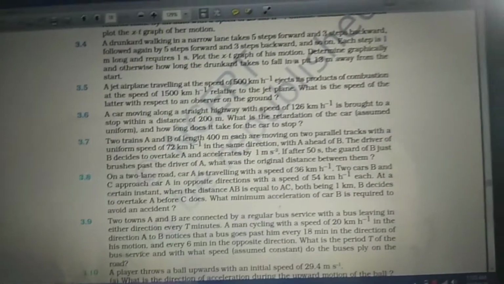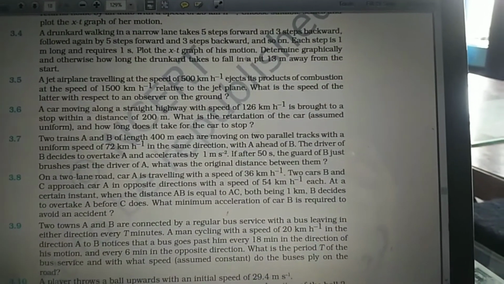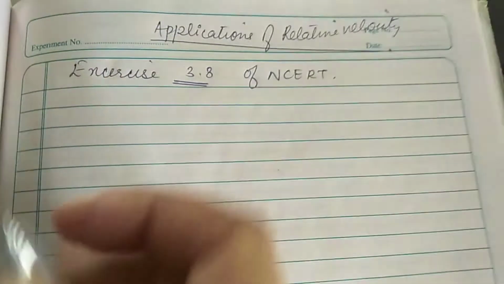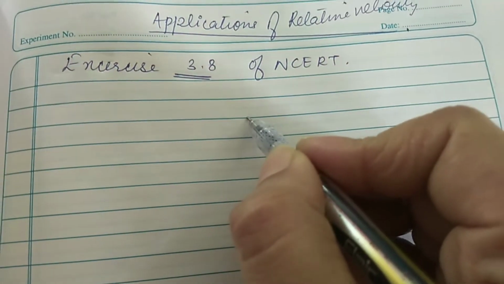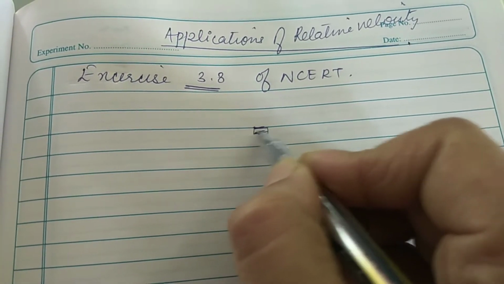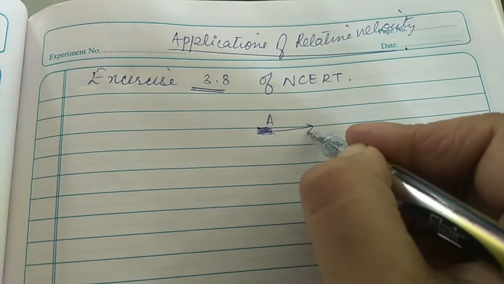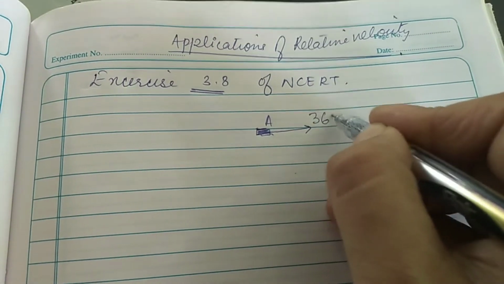So now let us draw the situation first, and then we'll try to solve it using the relative velocity concept. Let us consider this is a two-lane road, and this is car A. It is moving in one direction with the speed of 36 km per hour.